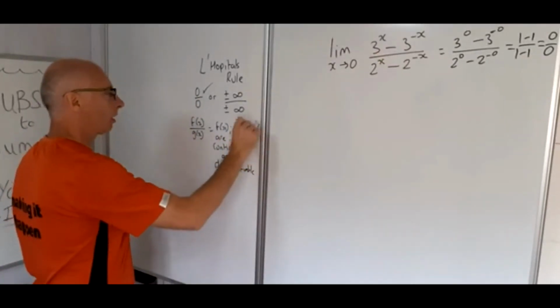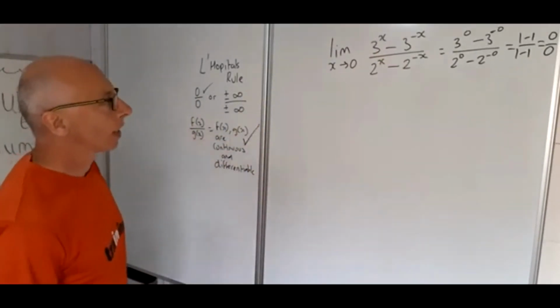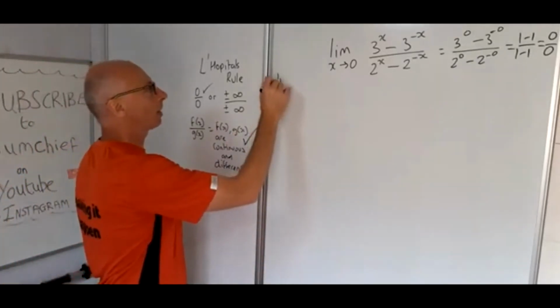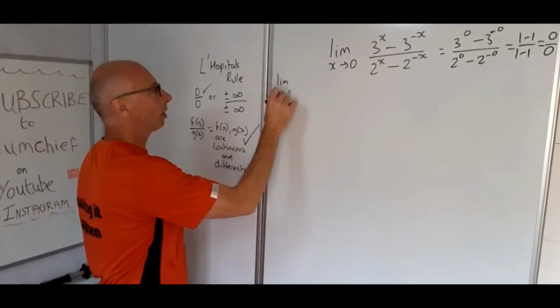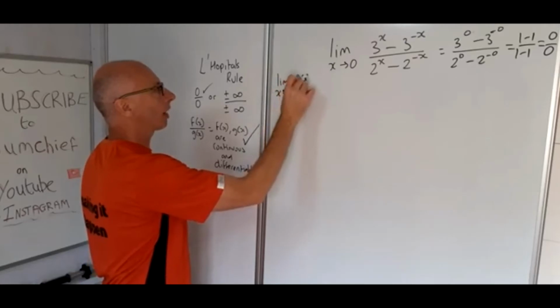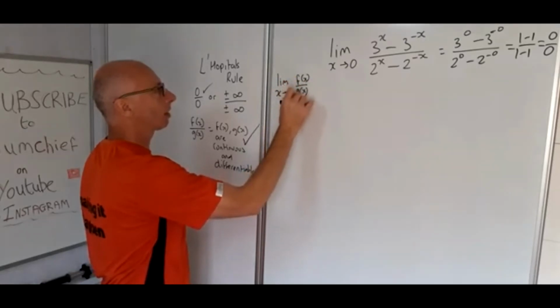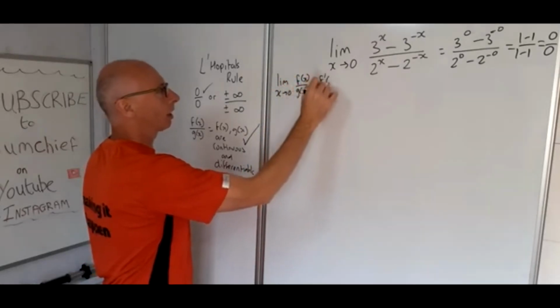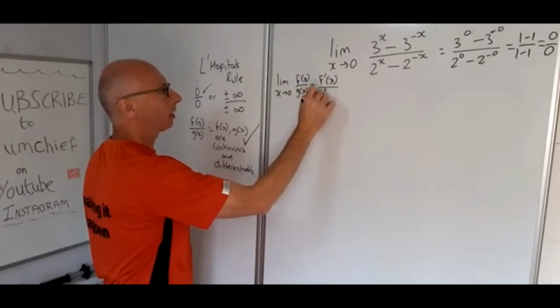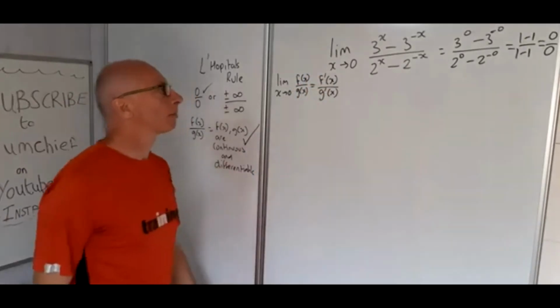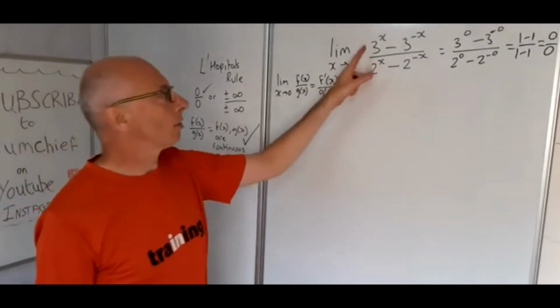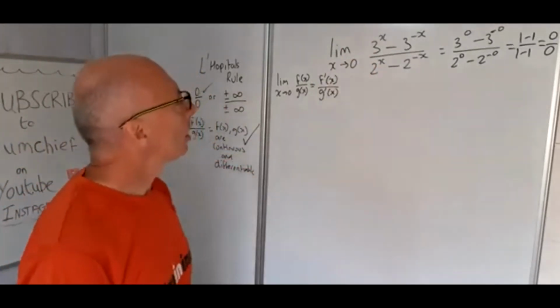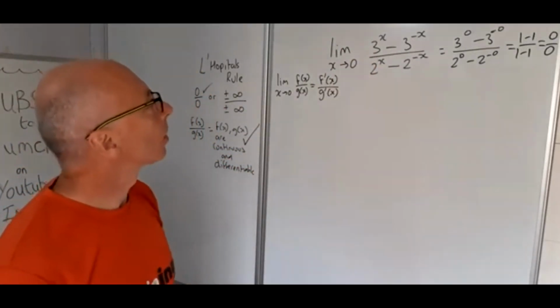So this is also met. So now we can say that the limit as x approaches 0 of f of x over g of x equals f prime of x over g prime of x. So all I do now is take the derivative of the top and bottom and see where that takes us.